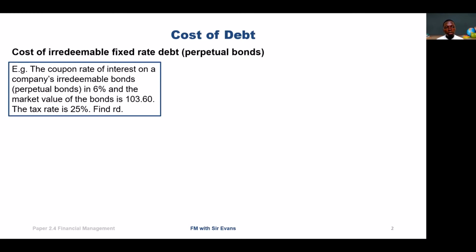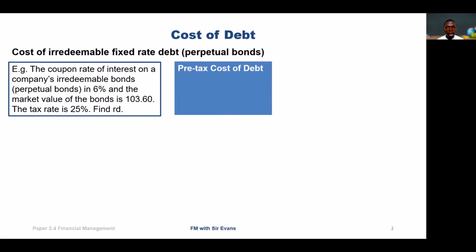The coupon rate of interest on a company's irredeemable bonds, that's perpetual bonds, is 6%. And the market value of the bond is 103.60. The tax rate is 25%. So we are supposed to find the cost of debt. We'll start off with the pre-tax cost of debt. The market value is 103.60, which means the nominal amount is 100.